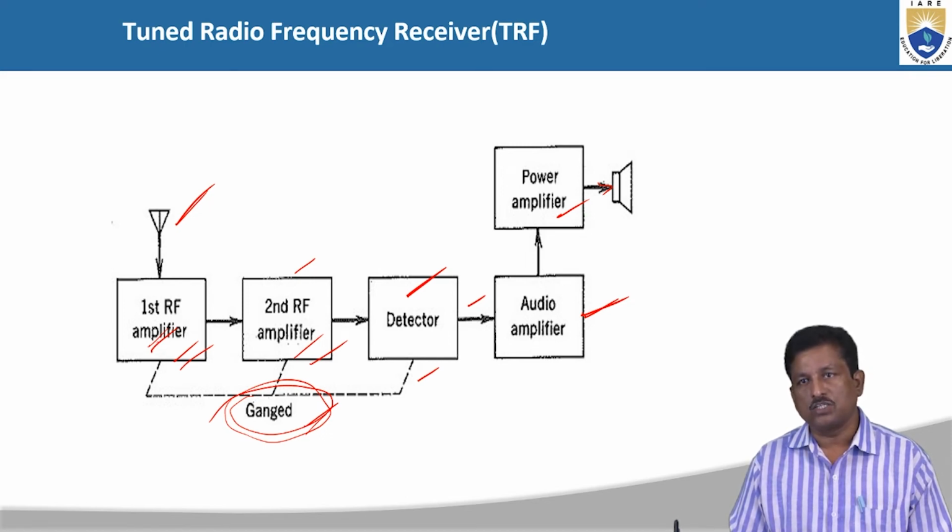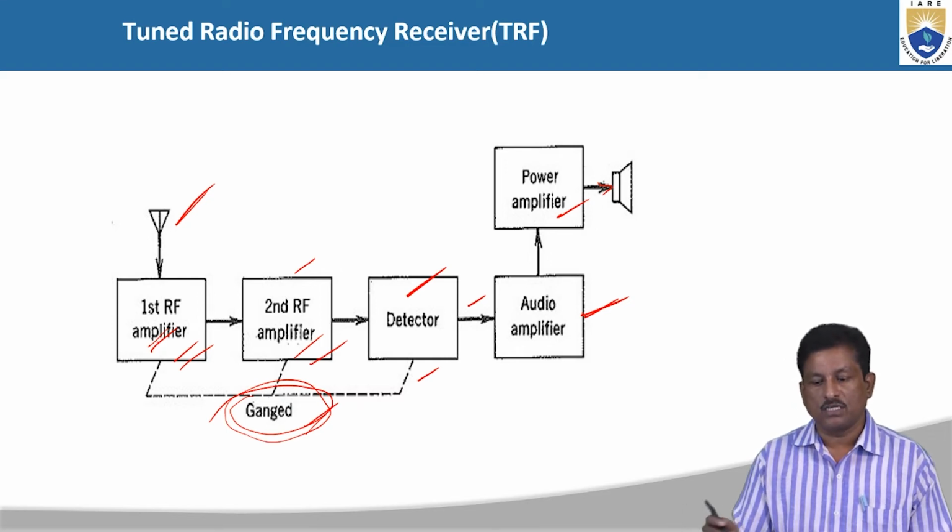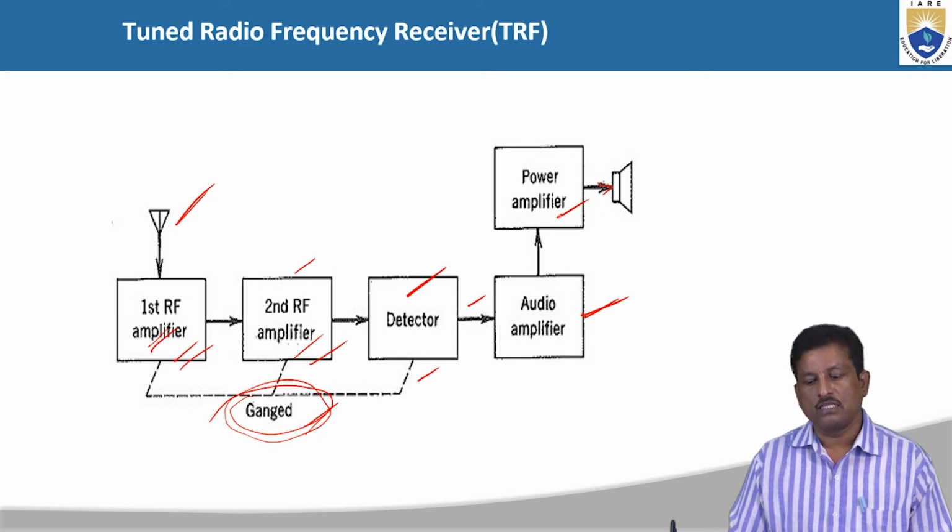So here we use the audio frequency amplifier and the power amplifier. The audio signal can be amplified by the audio frequency amplifier, whereas the power of the signal is increased by the power amplifier. Once the amplification is over, we give the output to the speaker, which generates the sound signal.